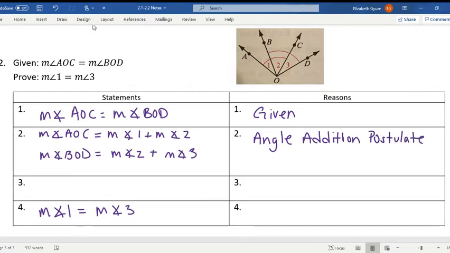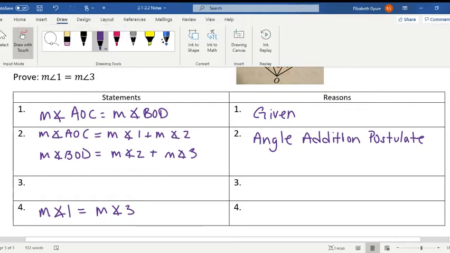Okay. Now we somehow need to get the measure of angle 1 equal to the measure of angle 3. That means we need to figure out an equation that we can write that involves both of these components. Well, if you look at your given, we know that the measure of angle AOC is equal to the measure of angle BOD. So if these are equivalent, then we can set these parts equivalent as well.